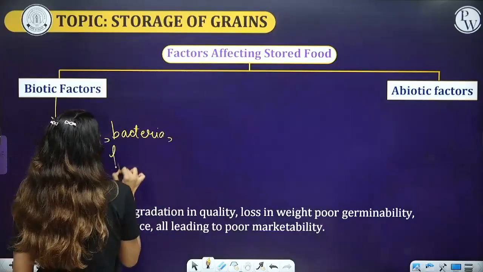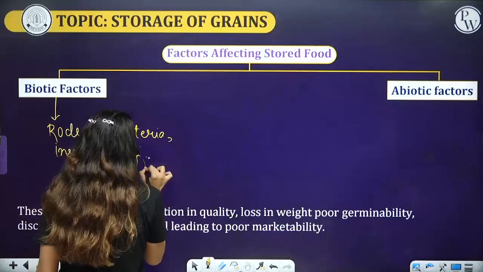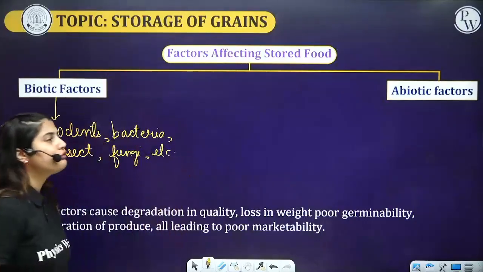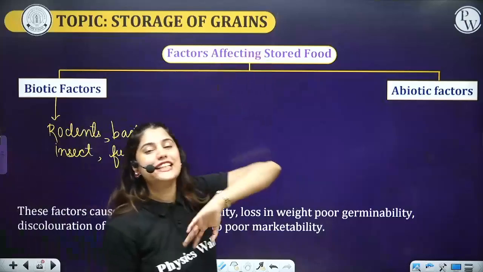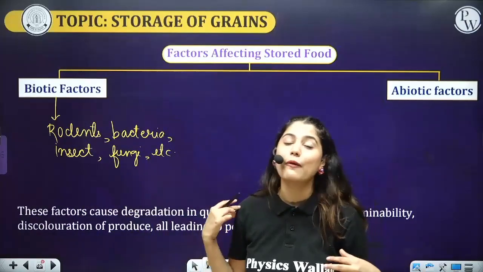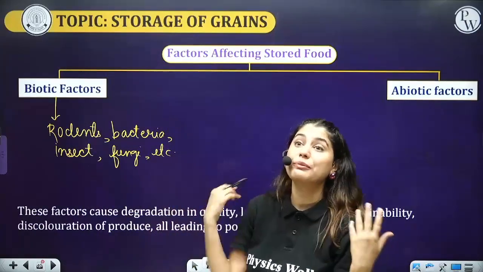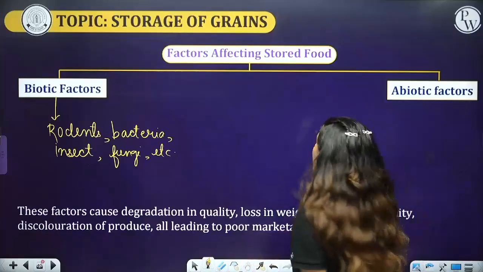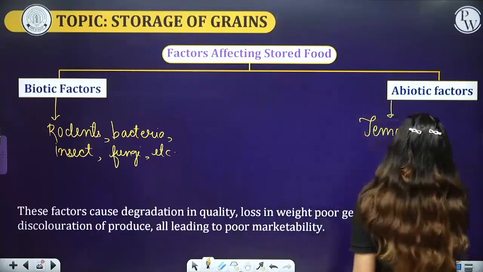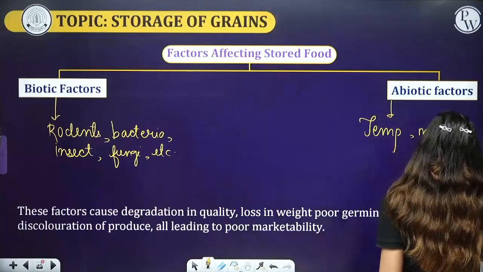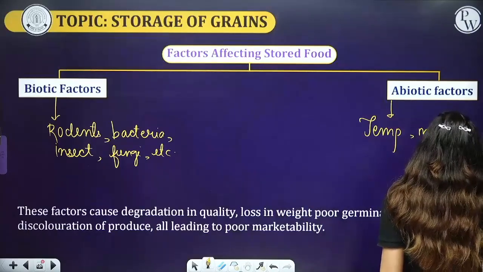So you have to protect them from this also. Also abiotic. Abiotic means, yes, non-living. For example, you have to protect them from the temperature, the humidity, moisture, right? I can mention here temperature, moisture. You have to protect them from this also.